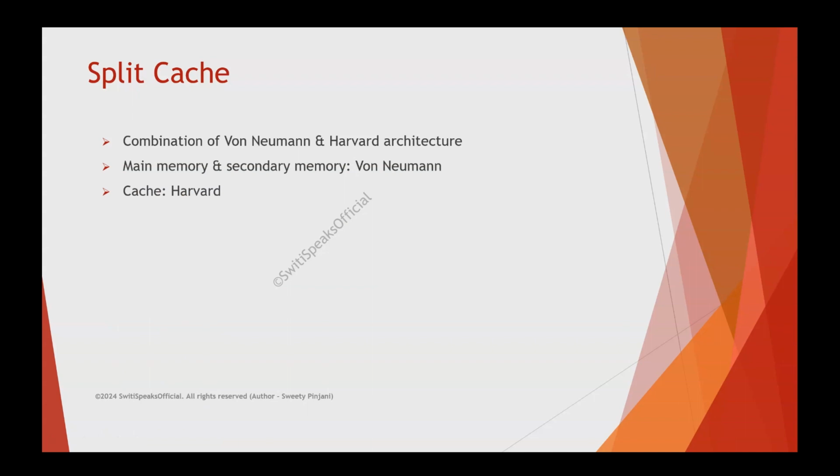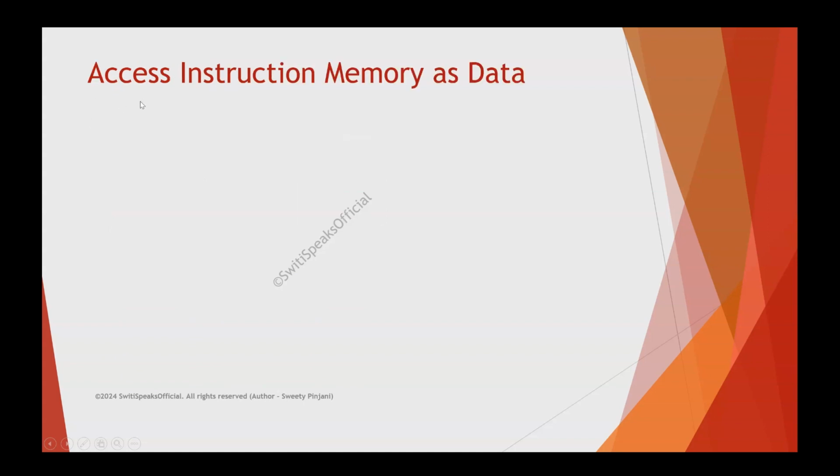But cache memory is separate for instruction and data, which means cache memory is following Harvard architecture. Separate caches for instruction and data. This is the split cache.